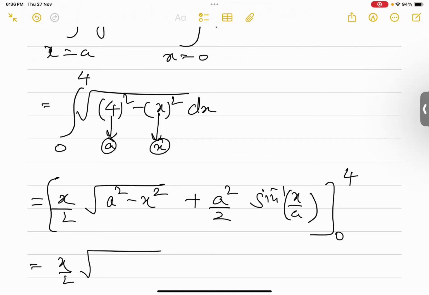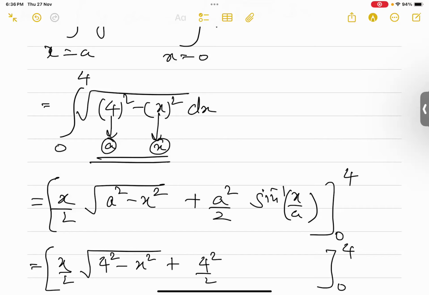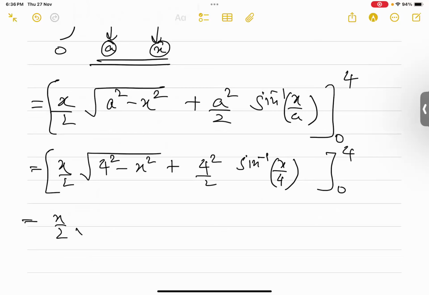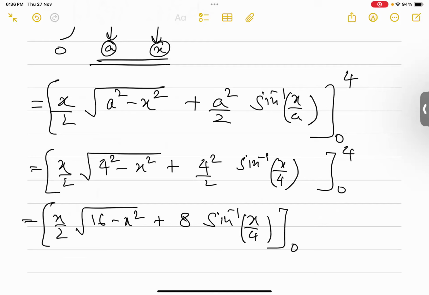A is 4. A is not 4 square. Compare this way. Now simplify. Copy till here. Now simplification has been done.